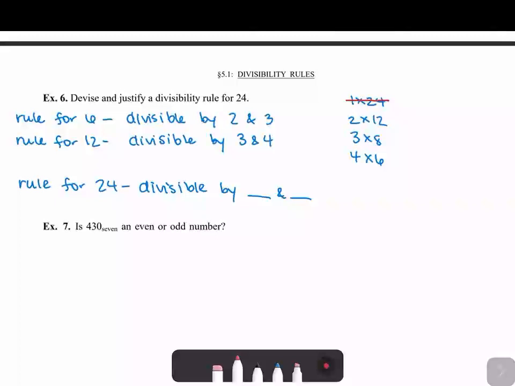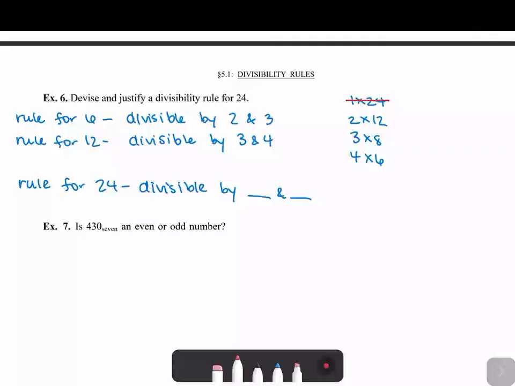The only multiples that those share are 6, 12, 18, 24, and so on, the multiples of 6. Similarly for 12, when we think about the multiples of 3 again, 3, 6, 9, 12, 15, 18, 21, 24, and the multiples of 4, 4, 8, 12, 16, 20, 24, the only multiples those share are 12, 24, 36, and so on.